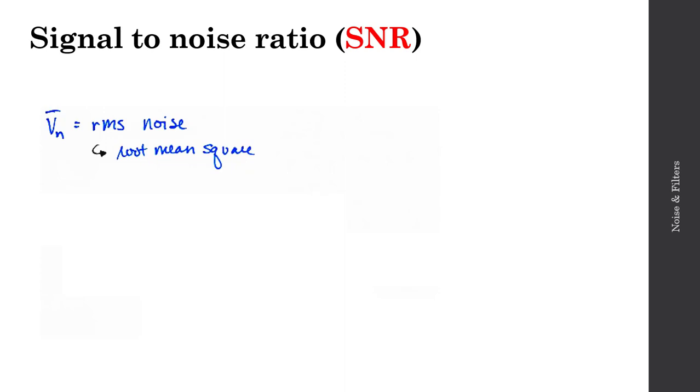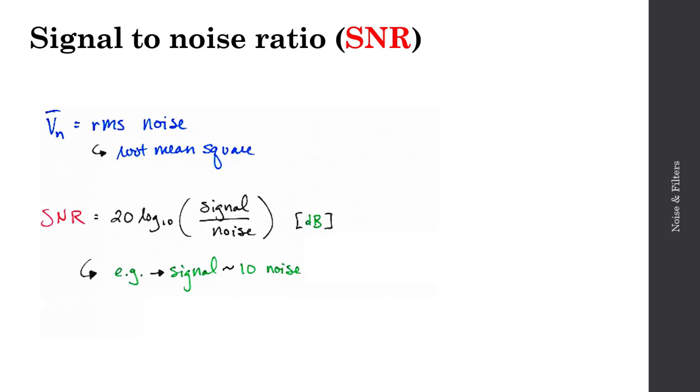Another metric that's oftentimes more commonly referred to, actually, is the signal-to-noise ratio, or SNR for short. So SNR is equal to 20 times the log base 10 of my signal amplitude over my noise amplitude. So something like the RMS of my signal divided by the RMS of my noise, and that's commonly provided in units of decibels.